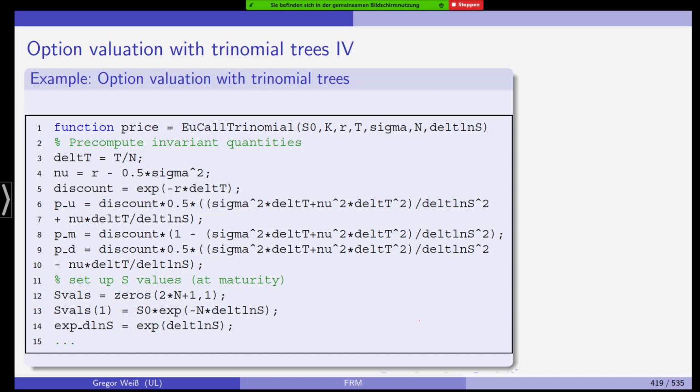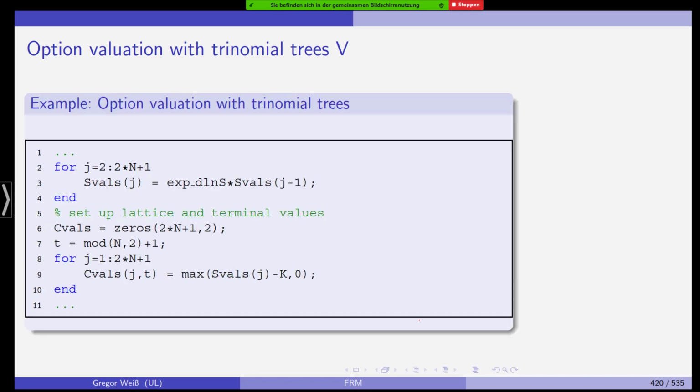We set up the starting values in lines 11, 12, 13, and 14 of the underlying, and then we set up the lattice. We start from left to right, calculating all the potential underlying values. Then we take the last column, and we know the ultimate payoffs in all potential outcomes of the underlying.